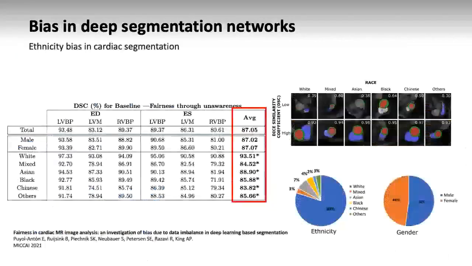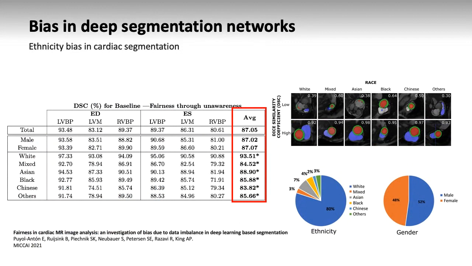And in this paper, they showed that, for example, if you take heart segmentation in MR images and you consider different ethnicities of the patients, this is data coming from the UK Biobank, what you can see is that for white patients, the model was having a performance of about 93% Dice. But then when you go to Chinese, Black, other populations, the model was going much lower in performance.